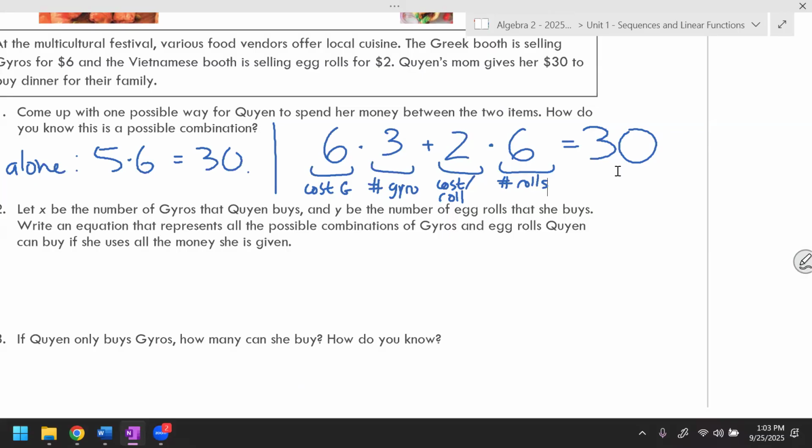You can do 1 gyro for 3 egg rolls, right? So something like that, but then what about the $30? How can I also express that I have $30 to spend? x plus y equals 30, but hang on, that would mean I could buy 15 gyros and 15 egg rolls, which is way out of my budget, because x is the number of gyros and y is the number of egg rolls.